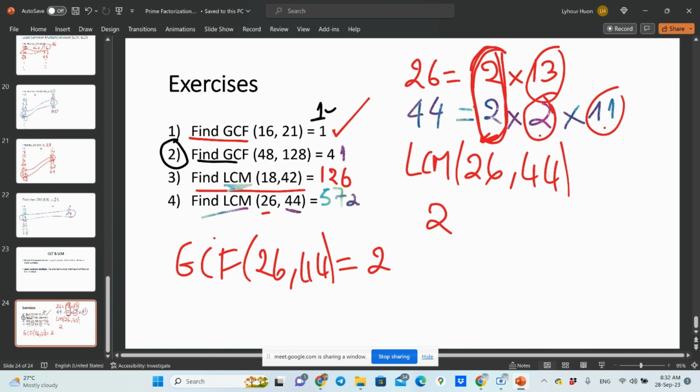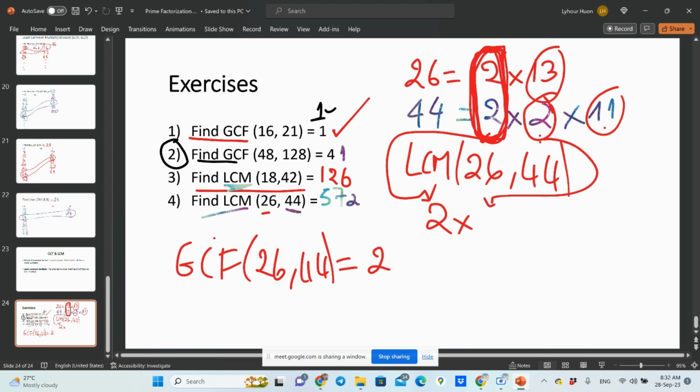Even beside the common term, we take all of them. For the common term, we take only one. Like this is a common term, 2 and 2, but we take only one.